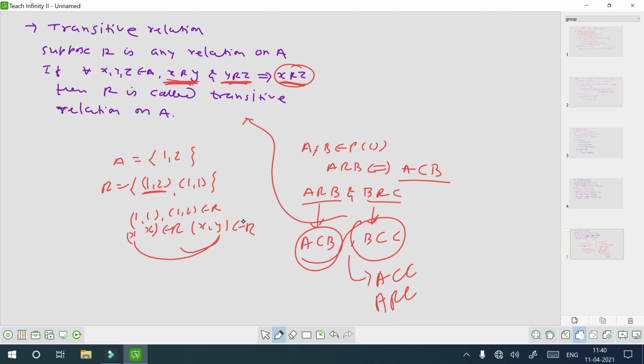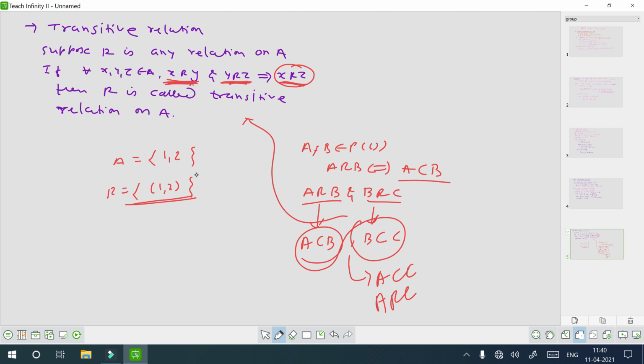Yes. So it is a transitive relation. If I take only R = {(1,2)}, then of course it is a transitive relation.